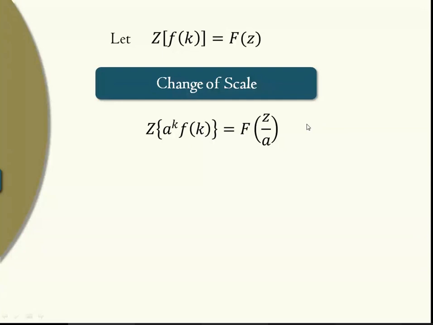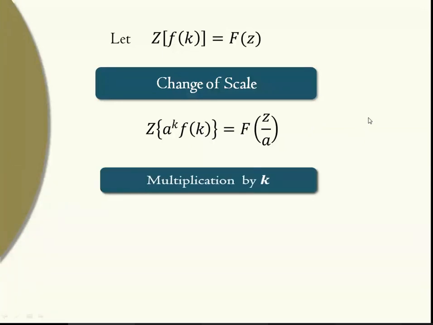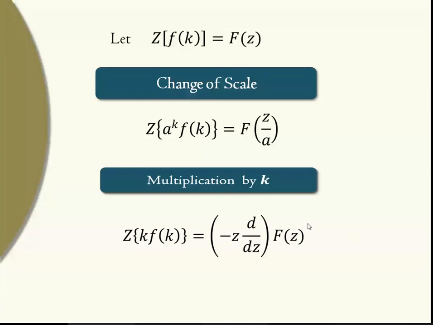Then the next property, multiplication by k. If we know the Z transform of f of k, and that function is multiplied by k, then whatever Z transform f of z we got, we multiply by minus z d by dz. That is, we have to take the derivative of f of z and multiply it by the minus z term.